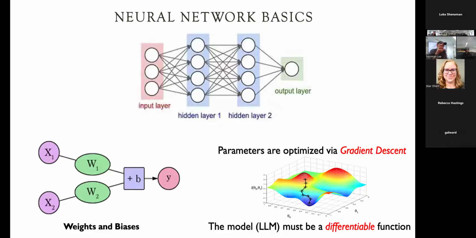Just really quickly, a neural network is what you see represented at the top here. You have a bunch of nodes, those are the circles, and they're often called neurons. The neurons are connected to other neurons with edges, and those are the lines that you see connecting the neurons.